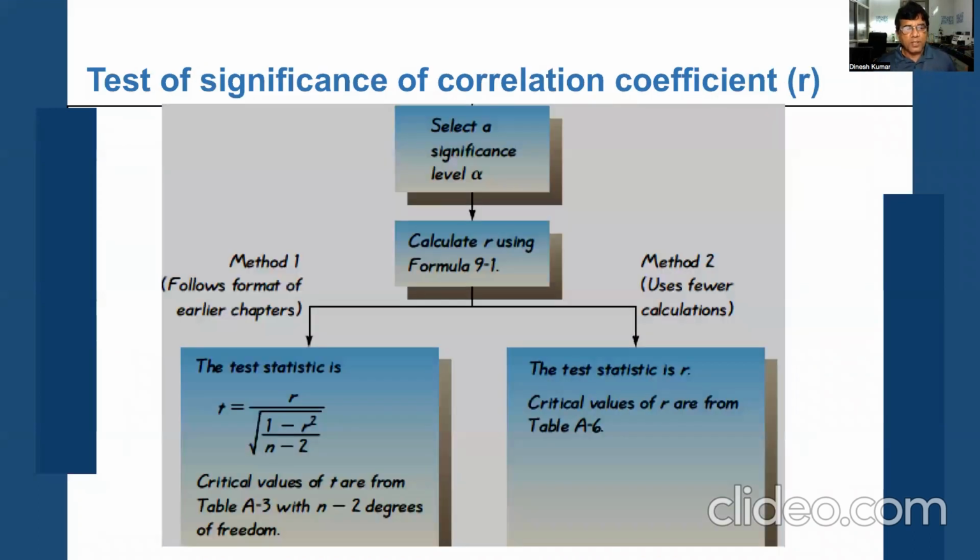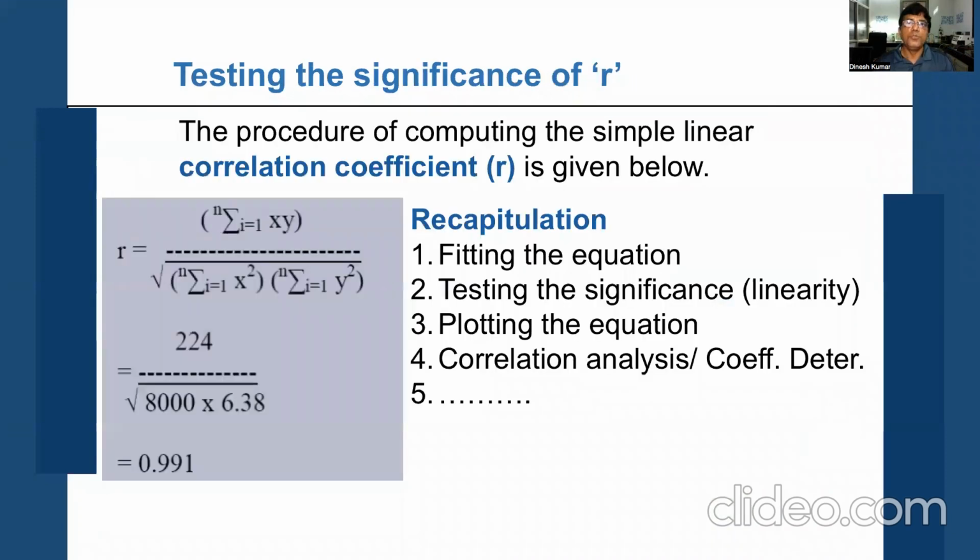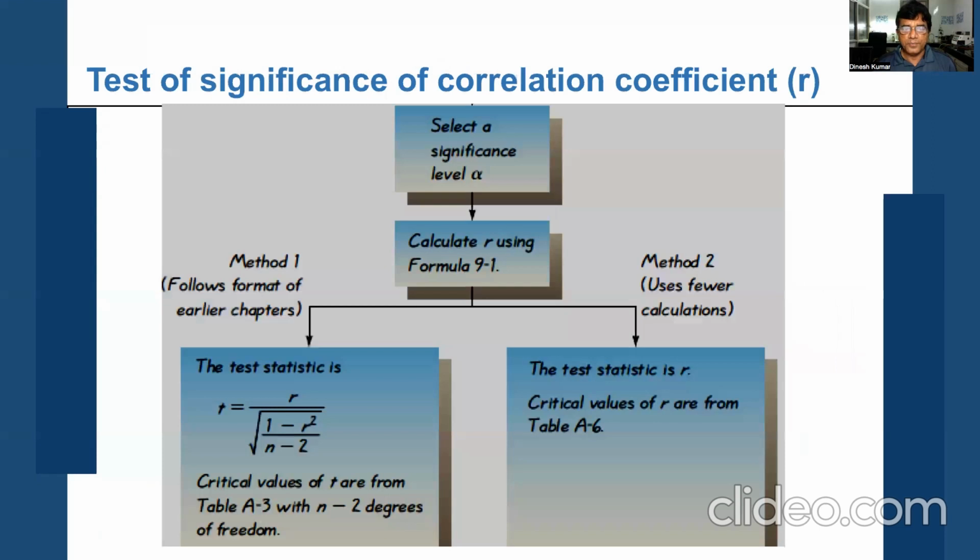Suppose your r value was 0.991. Here you use 4 pairs of observations, so n minus 2 is 2 degrees of freedom. At 2 degrees of freedom, and at 5% or 1% level of significance, you need to see the table value of r, the correlation coefficient.